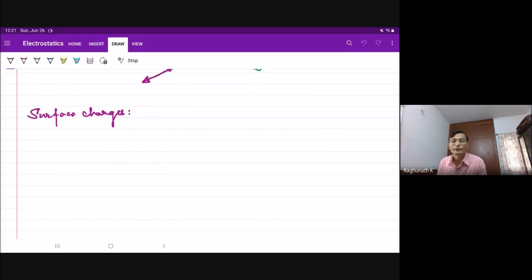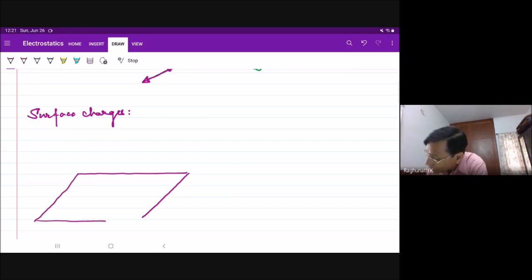Suppose I will take two things simultaneously. I have a rectangular surface, extending along the x-axis from minus a to plus a, and extending along the y-axis from minus b to plus b.